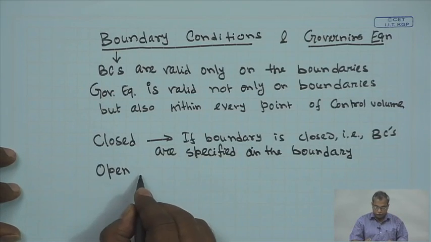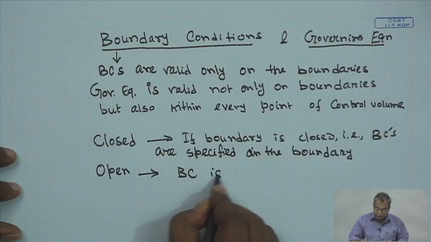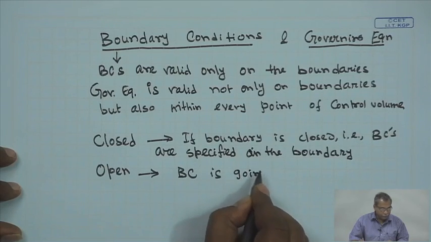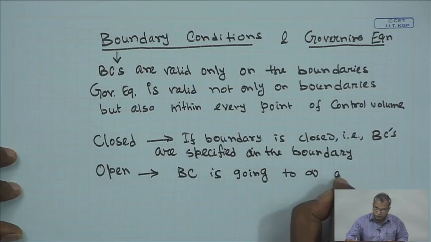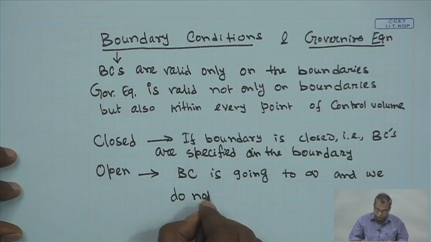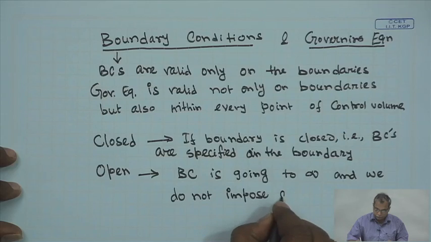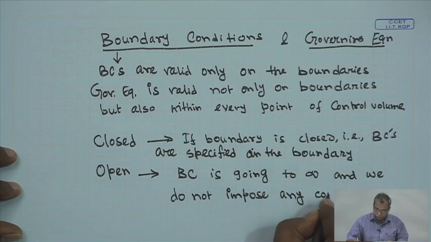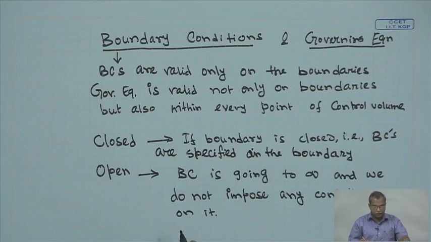What is the open boundary? Open boundary is that boundary where the boundary is going to infinity and we do not impose any condition on it. So, that is the difference between the closed and open boundary.